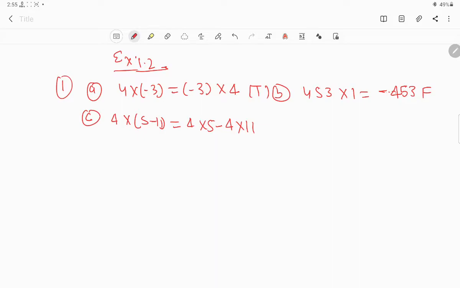This is true. This is the distributive law of multiplication over subtraction. So this is also true.